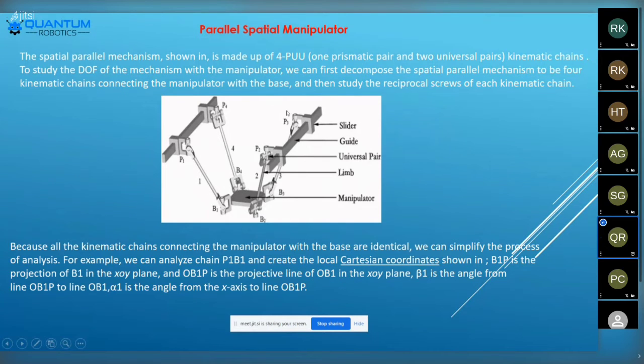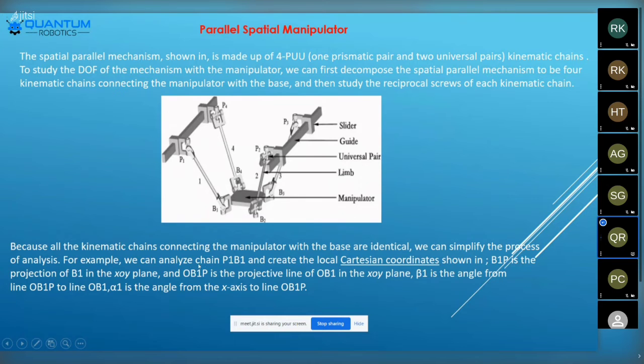Okay, we have a protocol of each particular area, and it makes each kinematic chain. Because all the kinematic chains connecting the manipulator with the base are identical, we can simplify the process of analysis.